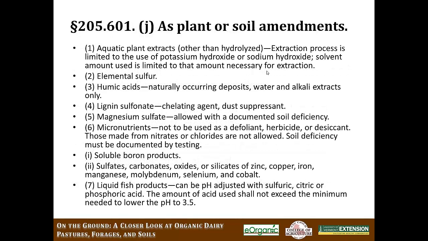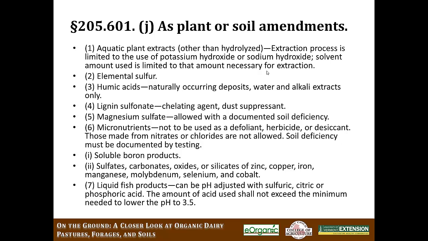So now let's look at the actual national list itself. This is just a small part of it: 205.601, section J, and we're just looking at J1 through 7 here. But this is a list of some of the allowed fertilizers and soil fertility inputs. So you can see aquatic plant extracts are on here, but there are some specific restrictions on the type of those that are allowed.